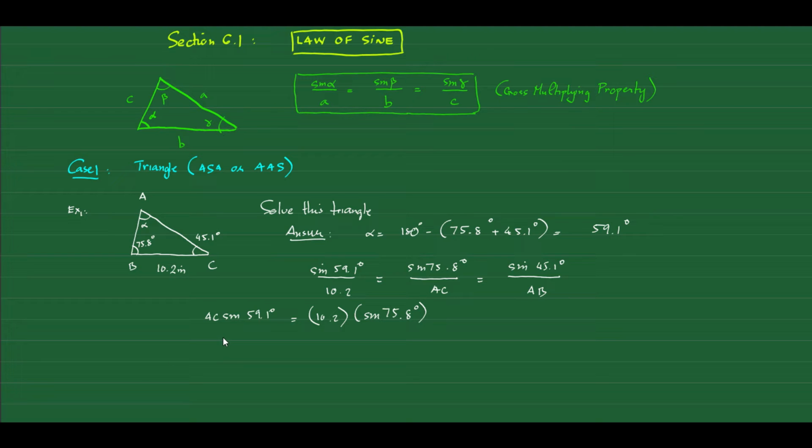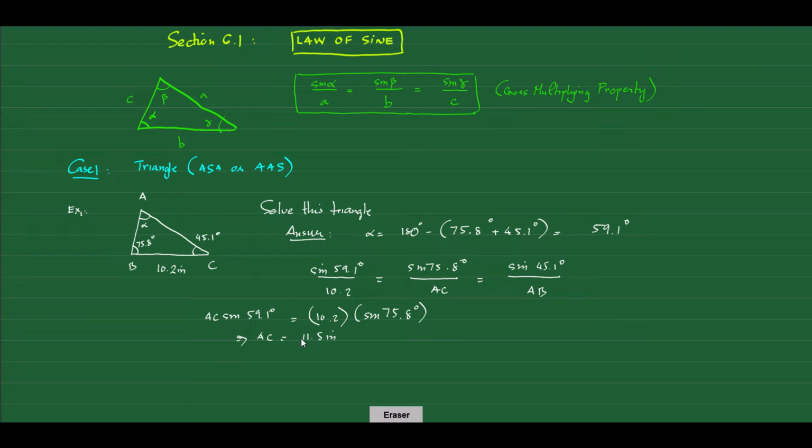And now we can solve for AC. We just go ahead and calculate this out. You divide both sides by sine 59.1. So from here I can get AC is 11.5 inch. Okay, cross multiply. Just calculate this out, divide both sides by this.